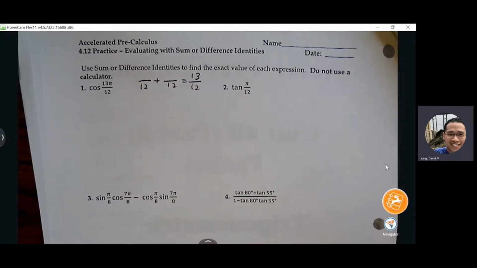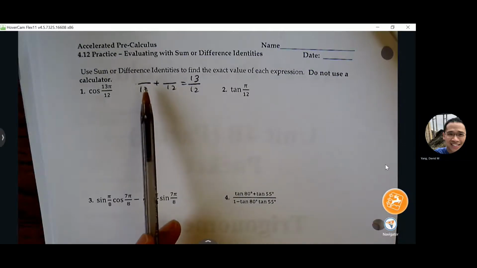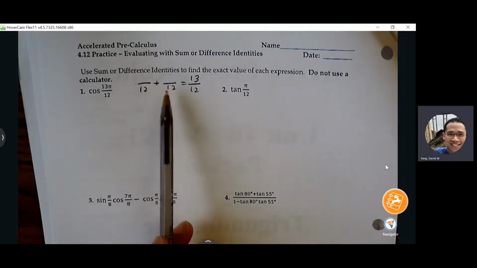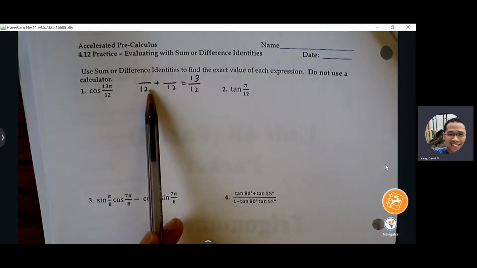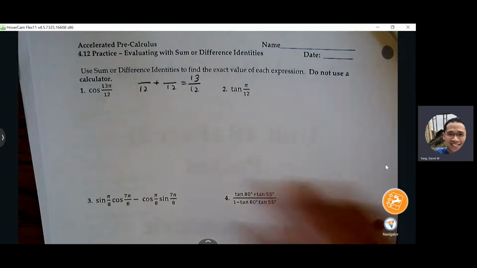Another option? 10 and 3. Yeah, I think that could work, right? 10/12 reduces to 5π/6. Yeah, let's just try that.